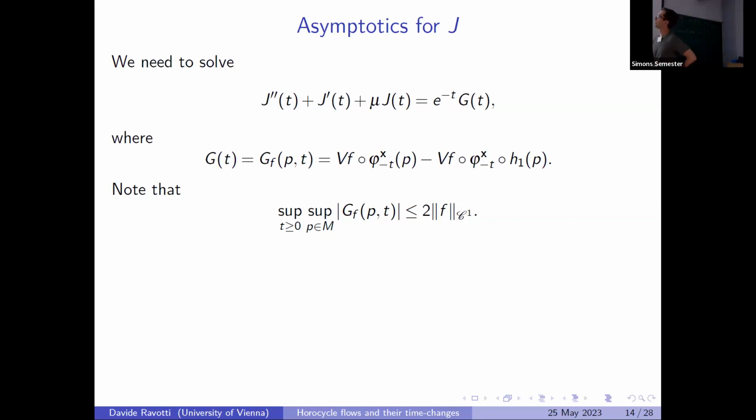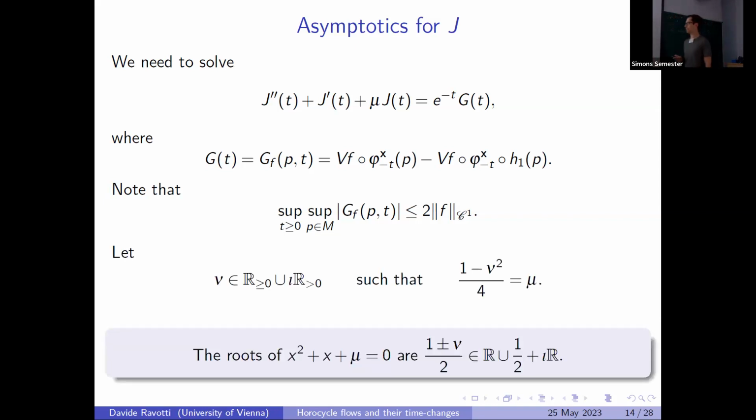Well, at this point, maybe we don't really remember how to solve these equations, but if you go back to a textbook, maybe to some long forgotten course in linear differential equations, you find out that this equation is solvable. You can solve it exactly. To solve it exactly, you have to look at the associated characteristic polynomial, the polynomial obtained by taking this x squared, this x, and this mu.